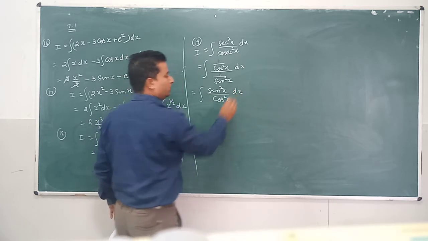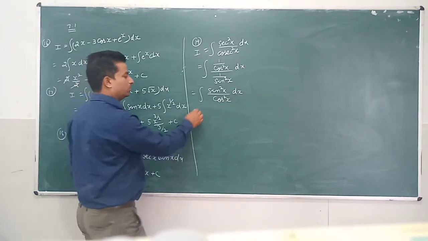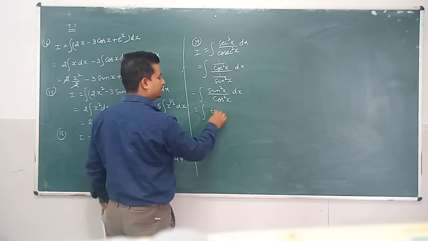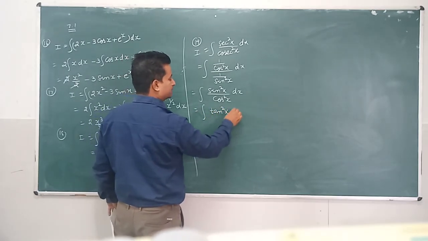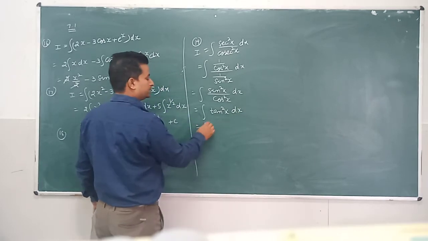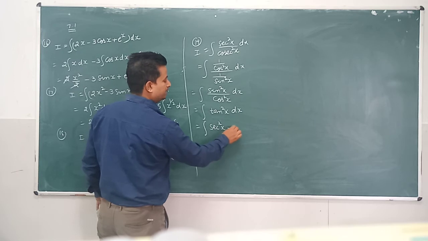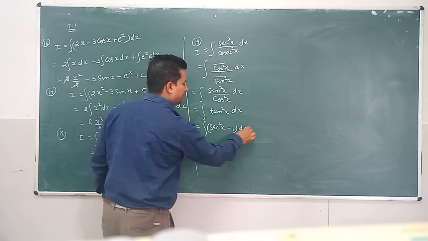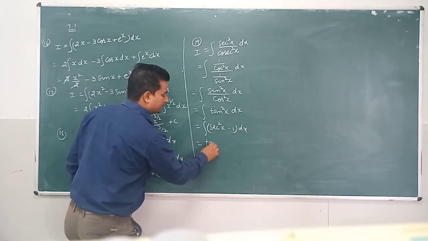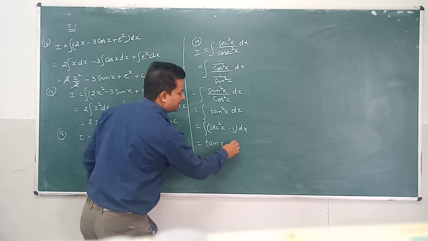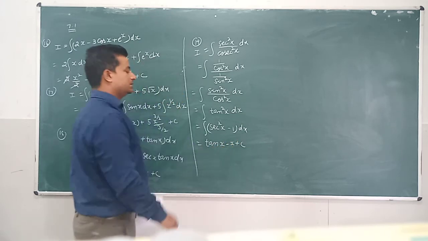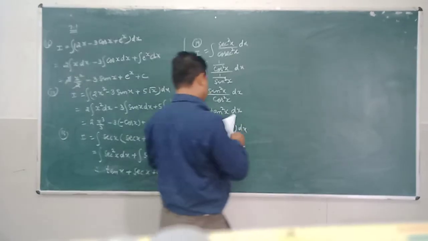As we know, sin square x upon cos square x is tan square x. Integration of tan square x is not directly possible, so we write it as secant square x minus 1. So the integration of secant square x is tan x and of 1 is x. This is the answer of this question.